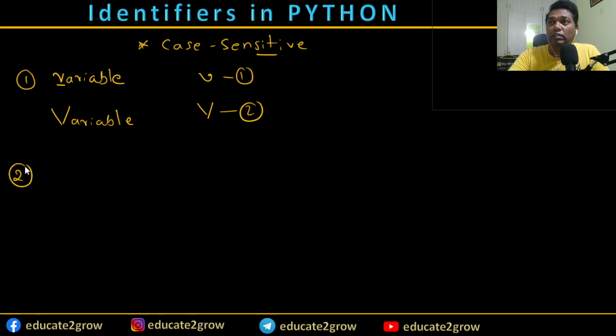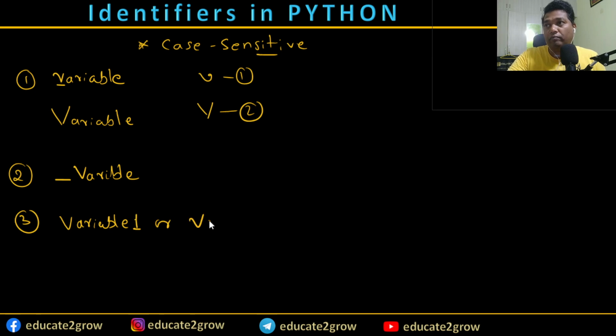The second rule is we can start these identifiers with an underscore like this. And third, we can end with numbers. You can use numbers, integers, in between or at the end. For example, variable1 or var2.